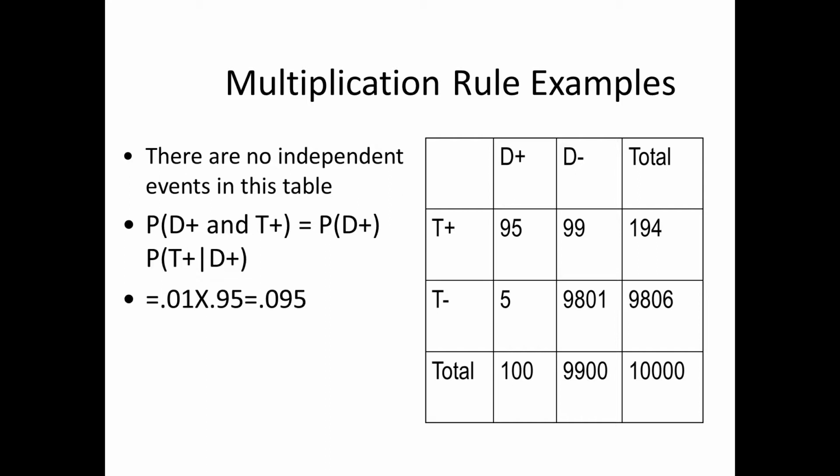I could have just looked at the table and read it off. The probability of being disease positive and test positive means how many people are in that part of the disease positive row that intersects the test positive row. And I see a cell there that has 95 out of 10,000 people. So had I had this table, I could have just looked at this value.